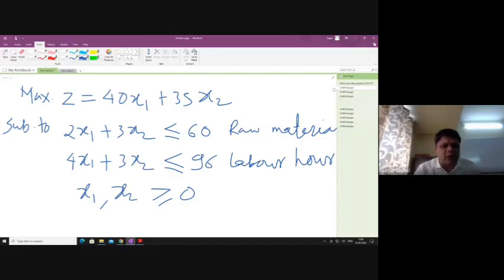As it is a maximization problem, you can draw the isoprofit line for this, on whatever graph you already completed, and then move it by parallel rule and check whether the solution from extreme point enumeration is the same solution you are getting or not. Check it.